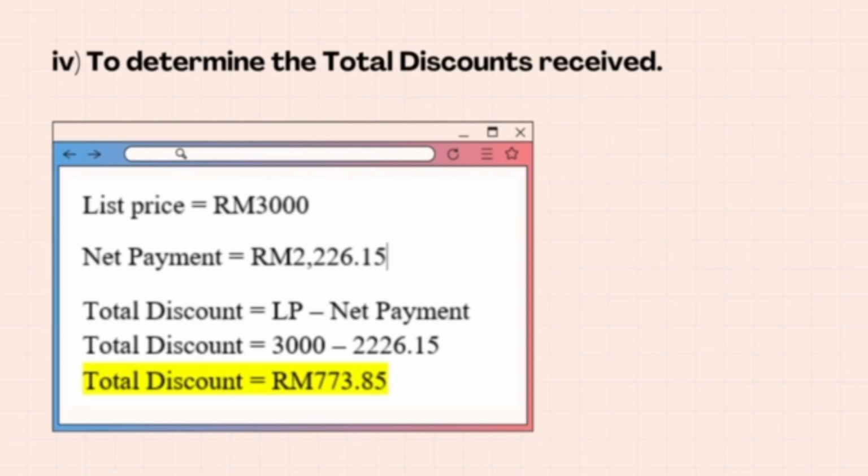Number 4 is to determine the total discount received. To find it, we use list price minus net payment. The list price is 3,000 and the net payment is 2,226.15. So the total discount received is RM773.85.